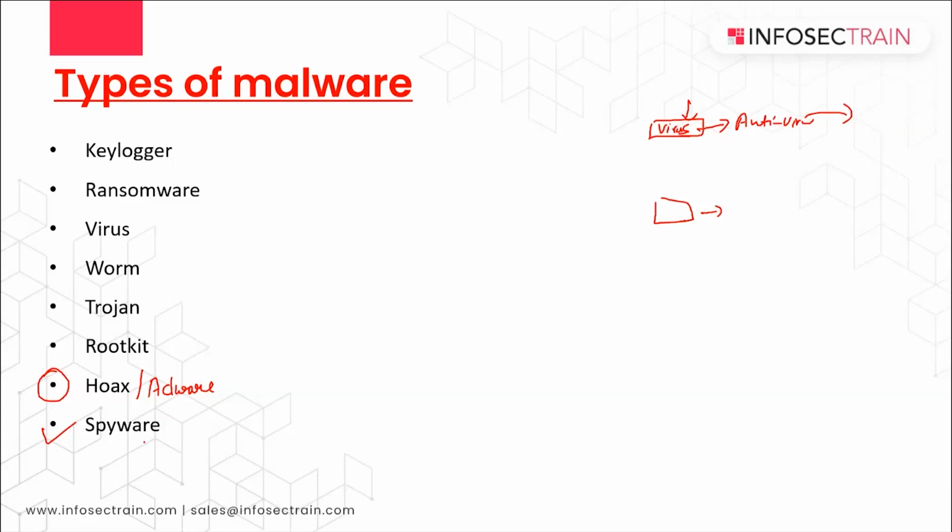Now, the other brother I was mentioning is spyware. When I gave my personal example of installing different software multiple times, spyware specifically works with the browsers, stealing the data from your browsers. That is the work of spyware. Multiple times you install some extensions by clicking next, next, next on your browser.